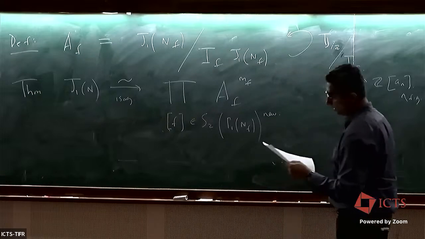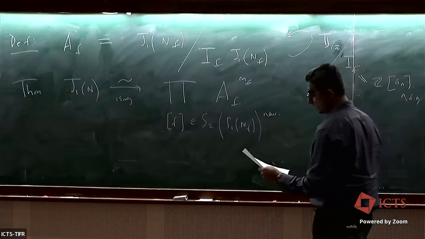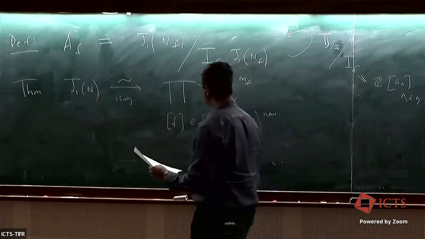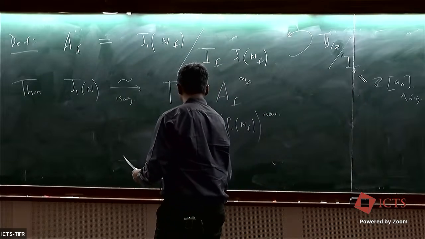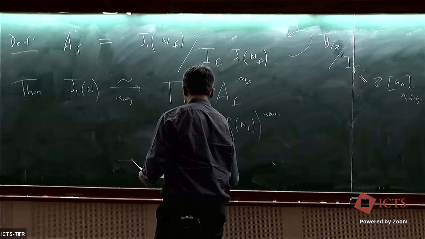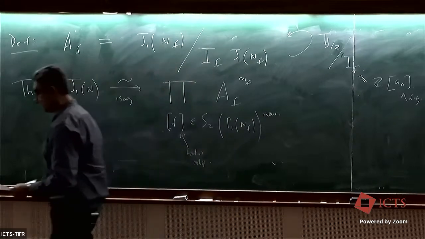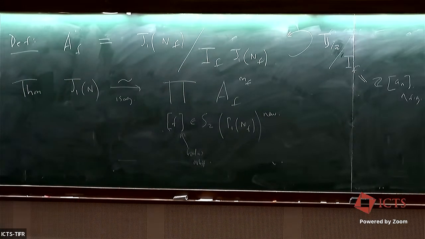And square bracket F means Galois orbit. You take just one representative, one form for each Galois orbit. These are algebraic integers. So if F is a newform, F sigma is also a newform, but you don't take those two twice. You just take one of them.